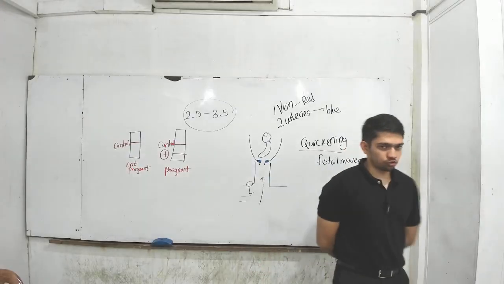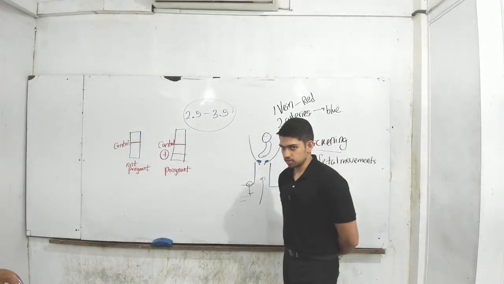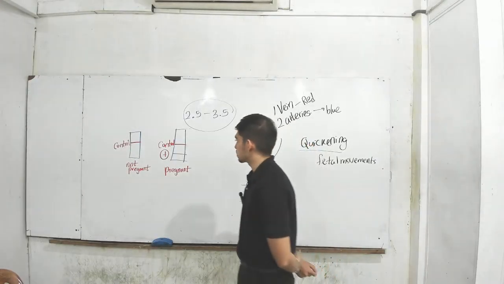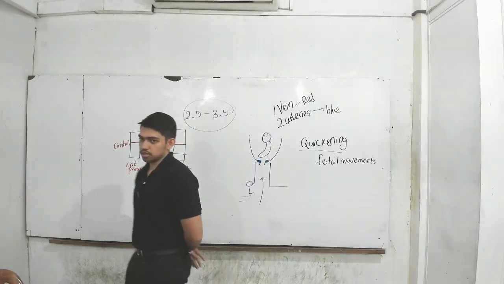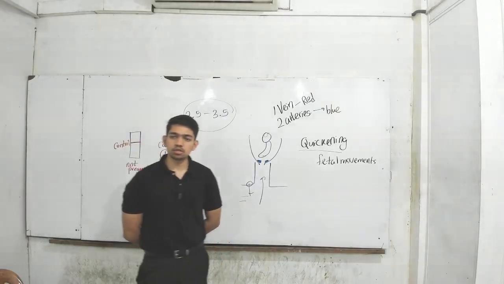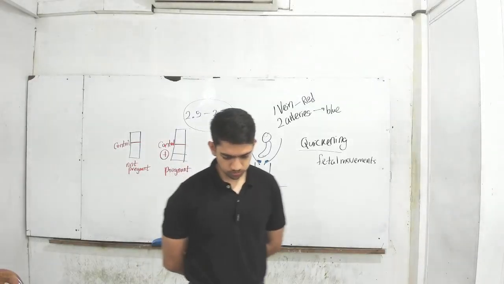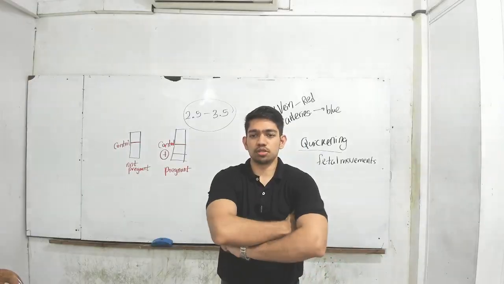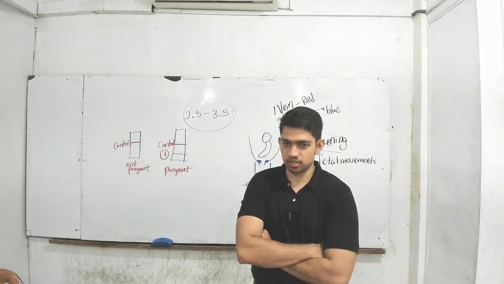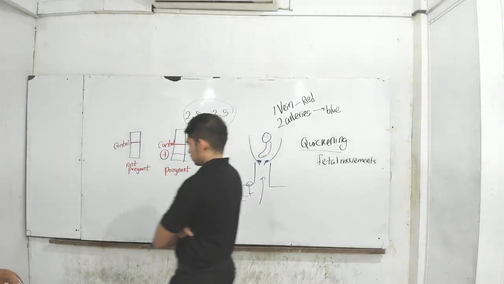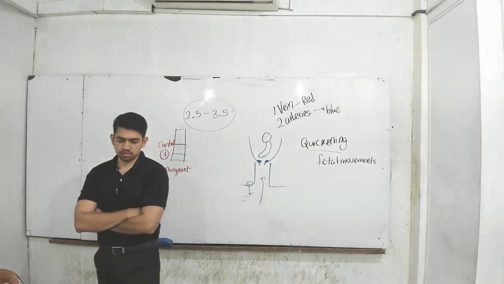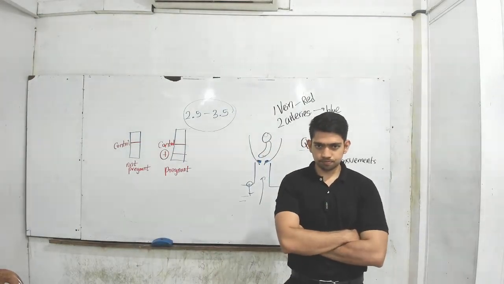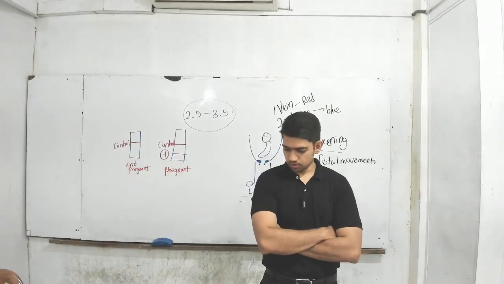HCG secreted by the trophoblast can be detected in mother's urine. That is the basis. So if there is HCG in mother's urine, that means there is someone making HCG. Who is the possible someone? Trophoblast. Okay? Clear?